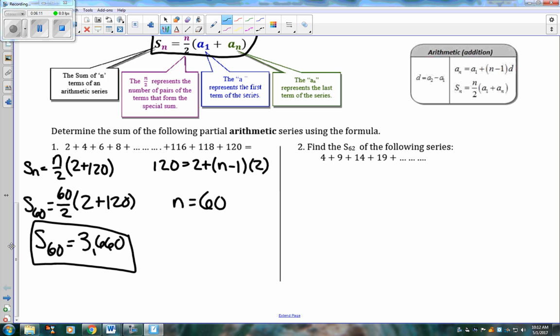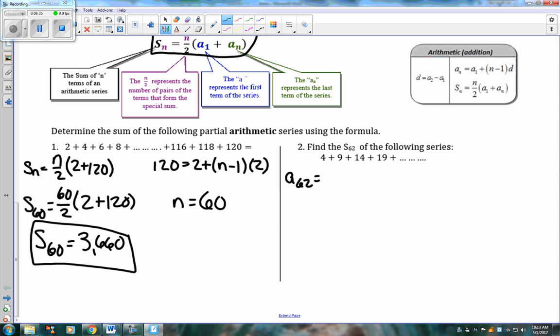Okay. The second one says to find the sum of 62 terms of the following series: 4, 9, 14, 19. But it doesn't give you the last term, does it? No. So we have to find what the last term is. So I'm going to use the arithmetic sequence formula. I'm going to have a sub 62.